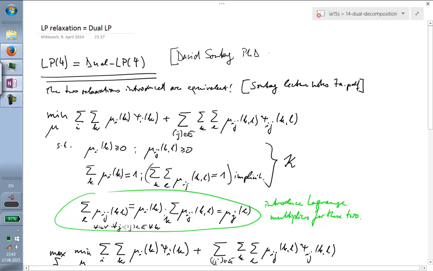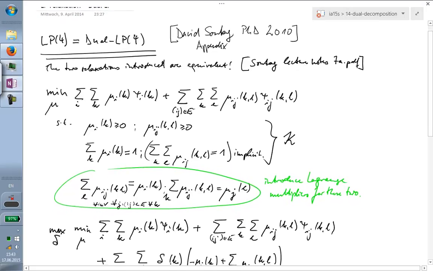So it's a PhD thesis from, I believe, the Courant Institute from 2010. It's available online. And this is in the appendix of his thesis.